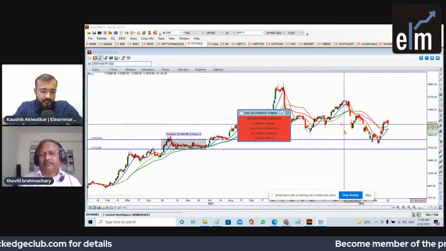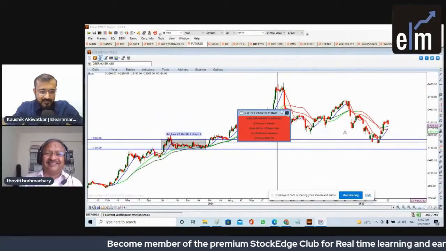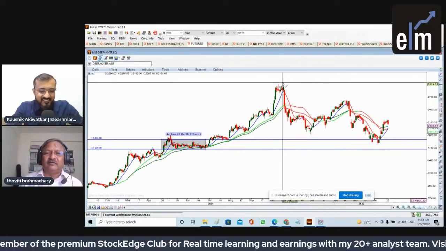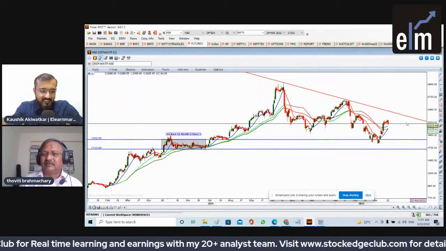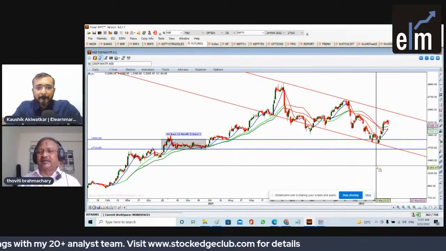See, a fresh sell signal has come in Deepak Nitrite. So now the trend is down. Long term trend is down. So this is the first identification of a trend.